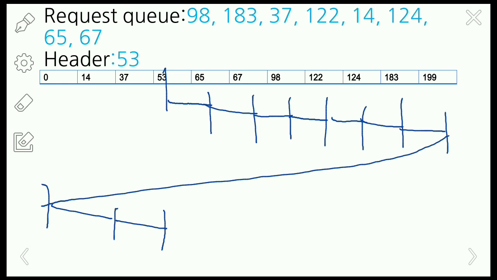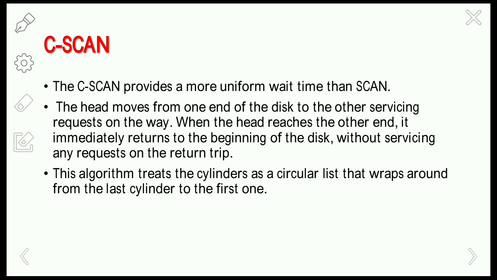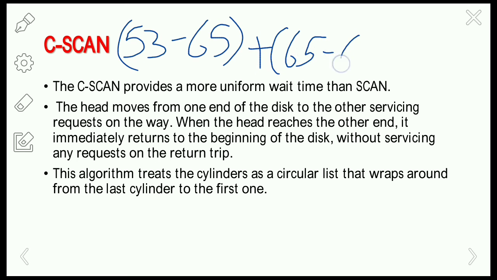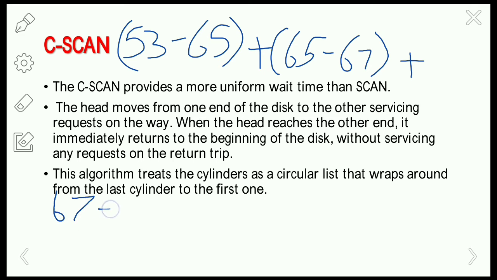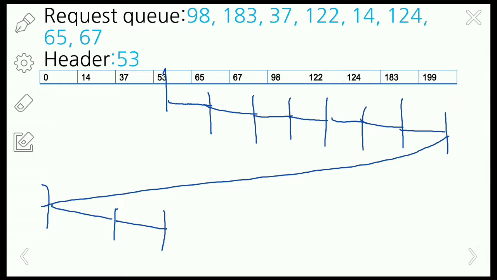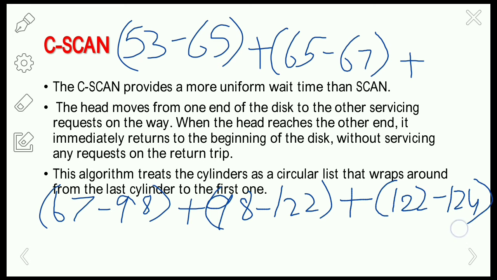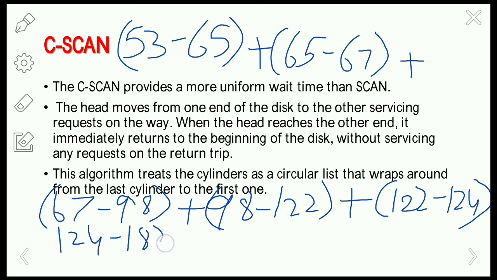If you want to calculate the total head movements, then you have to calculate 53 to 65, plus 65 to 67, plus 67 to 98, plus 98 to 122, plus 122 to 124, that is the next request, and then 124 to 183, plus 183 to 199, that is the other end of the disk.